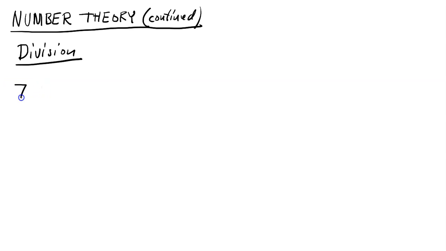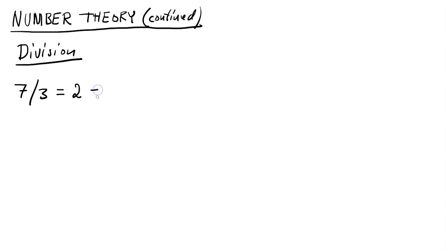So for example, if we want to divide 7 by 3, if we are not in number theory, we just say that the answer is 7/3, or we can answer as a decimal number. But in number theory, you're interested in the answer as an integer. So this is 2, since 3 goes 2 times in 7.